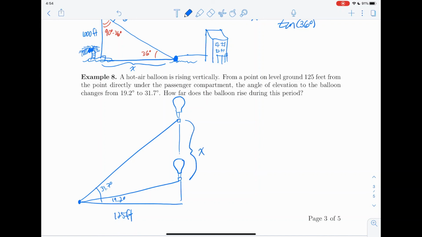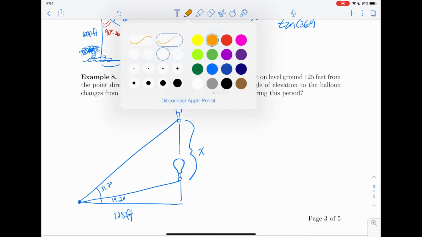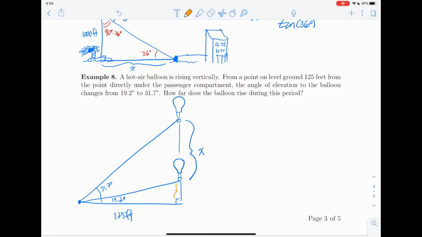This is essentially the same question as the Mount Rushmore question. We have two different right triangles, so we're going to give them intermediate variables. The one down here we'll call A, and the large distance of the big triangle we'll call B, so that the tangent of 19.2 degrees is equal to A over 125 feet, and the tangent of 31.7 degrees is equal to B over 125 feet.